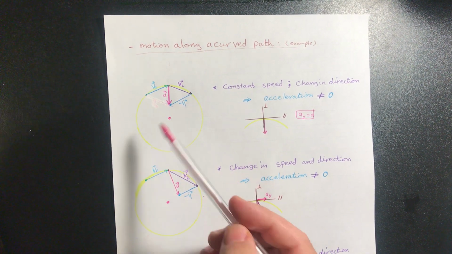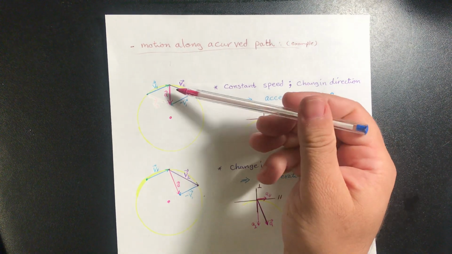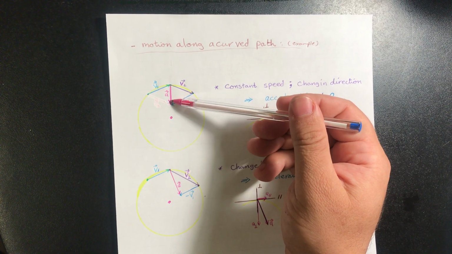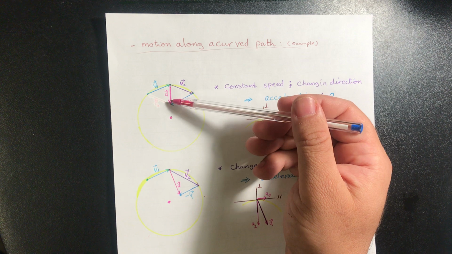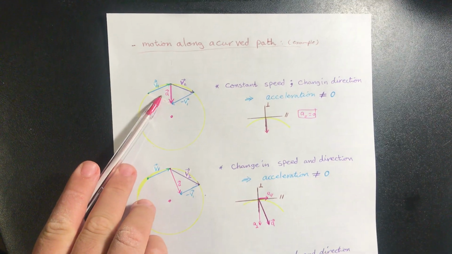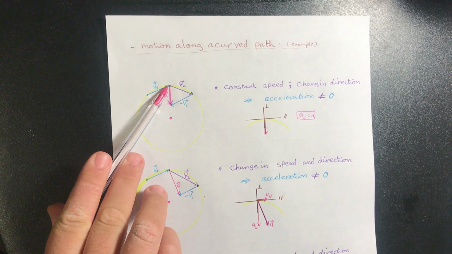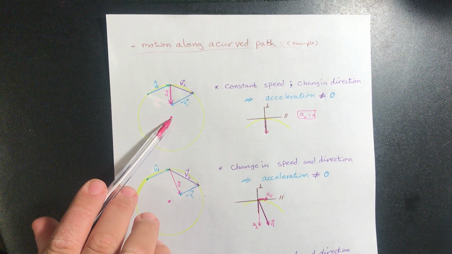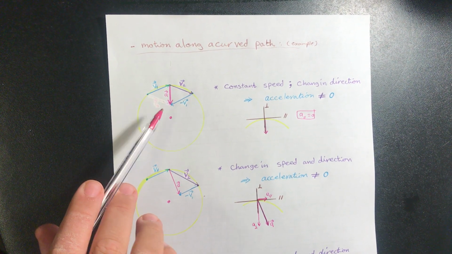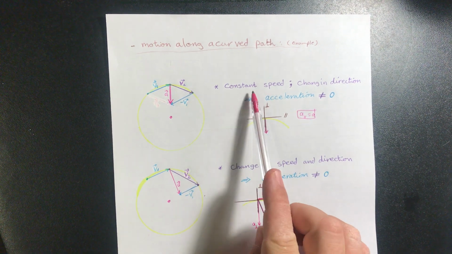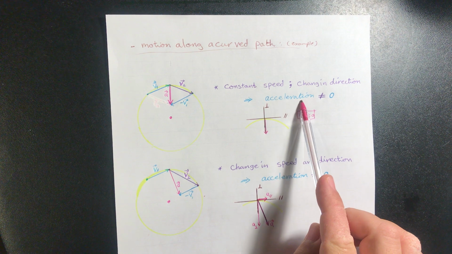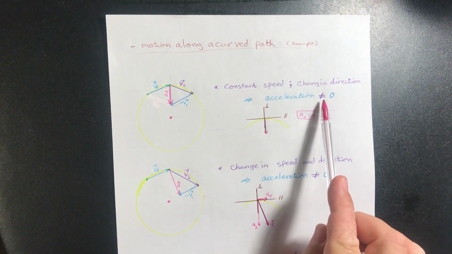What is the resultant delta v between them? This is delta v. If we divide over delta t, it will give us the acceleration direction. It will accelerate toward the center of rotation. Now, for constant speed and there is a change in direction, we have acceleration not equal to 0.